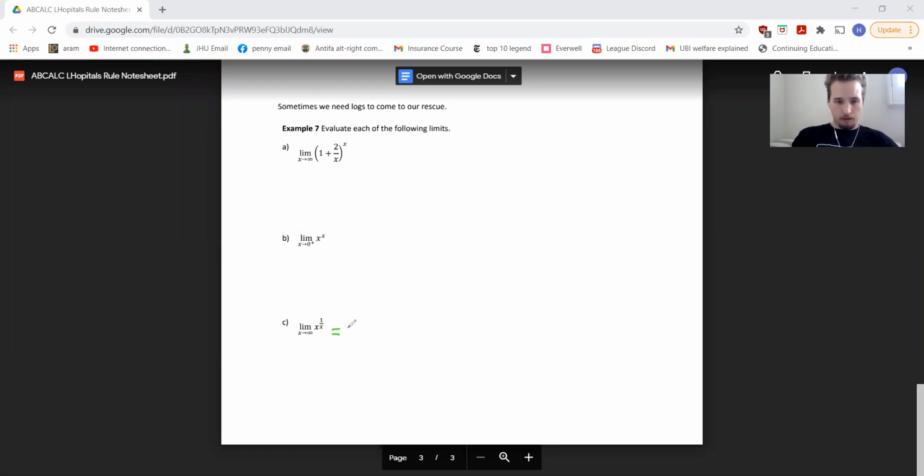We do step 1. We get infinity to the 1 over infinity power. And so that is infinity to the 0 power, which is not a form we can use L'Hopital's on. So we need to get it into one. Again, we have an exponent here, so we're going to have to use natural logarithms, right?